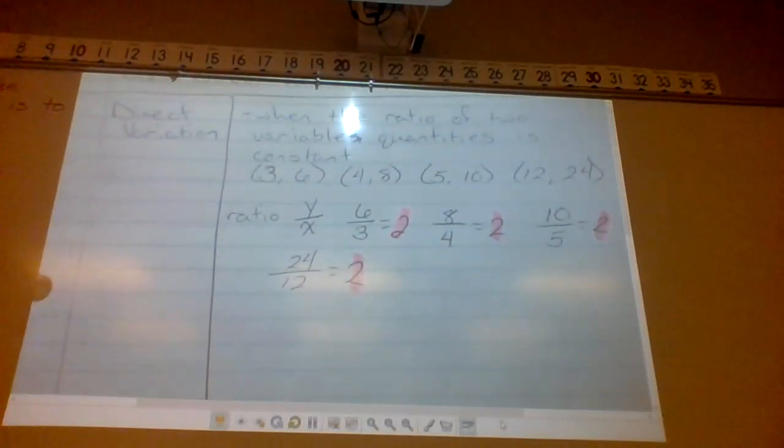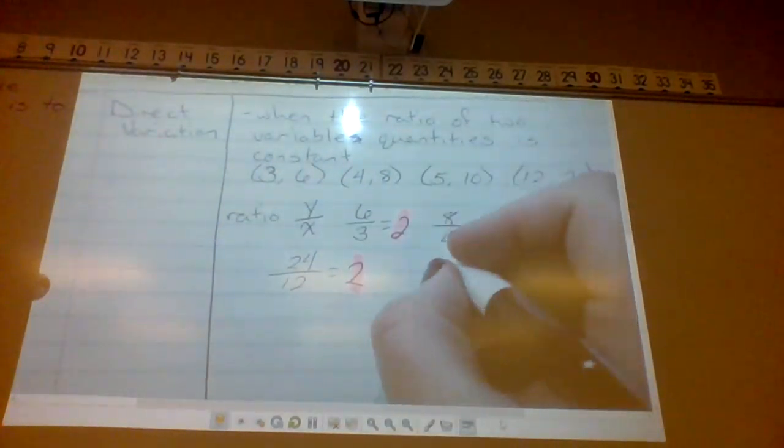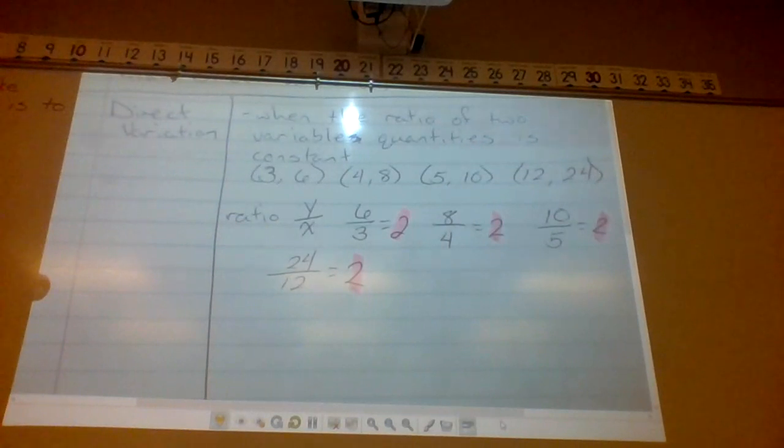What that is telling us is the constant rate of change, or the constant in this, is 2.